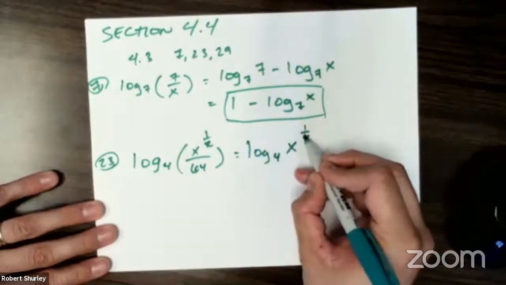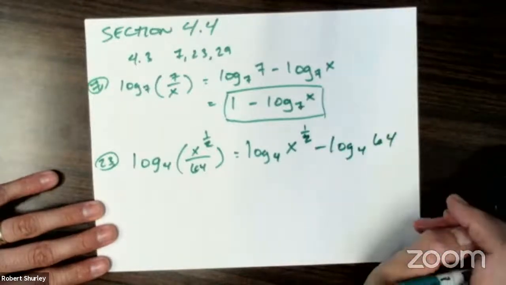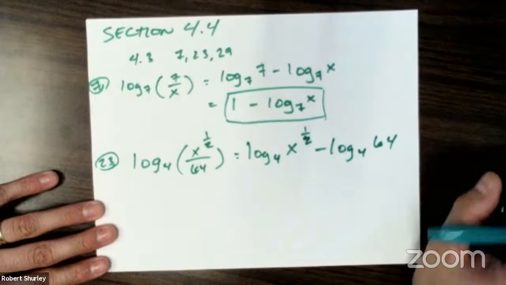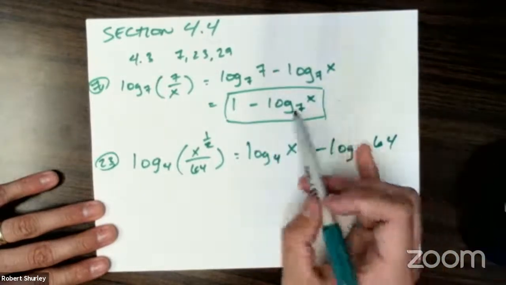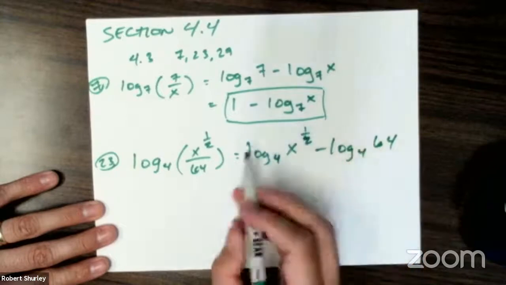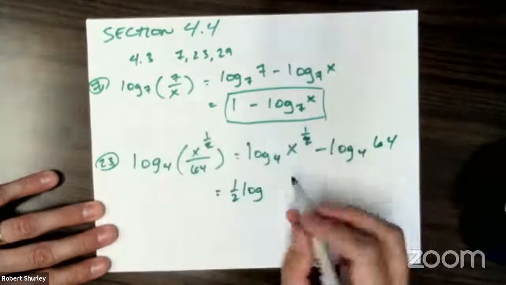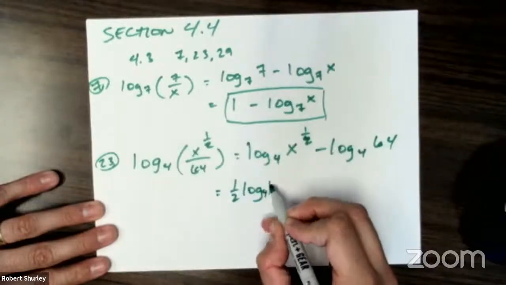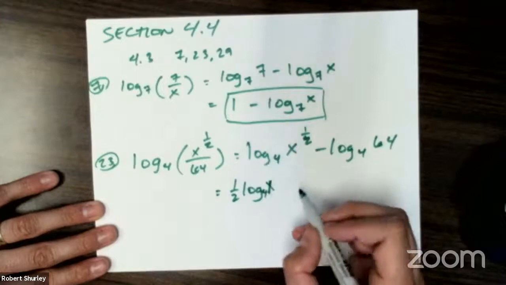Log base 4 of x to the 1/2 minus log base 4 of 64, okay? And then the log base 4 of x to the 1/2, this 1/2 I could bring out to the front. I think that was called the power rule of logarithms, in 4.3. That's 1/2 log base 4 of x.